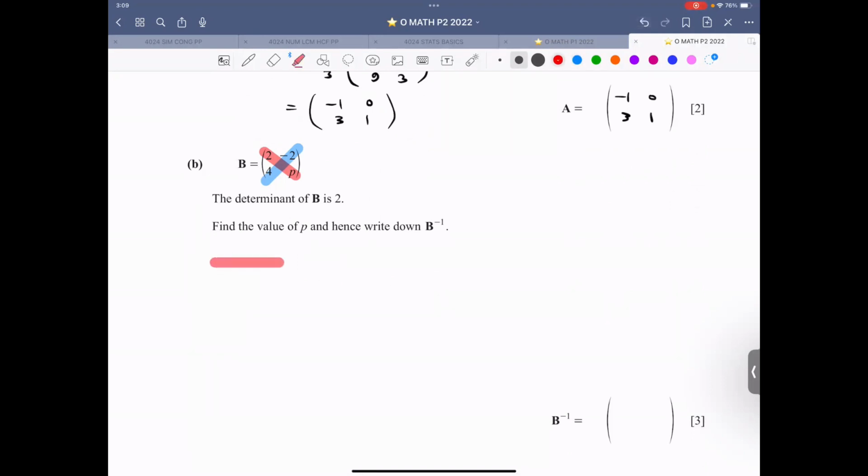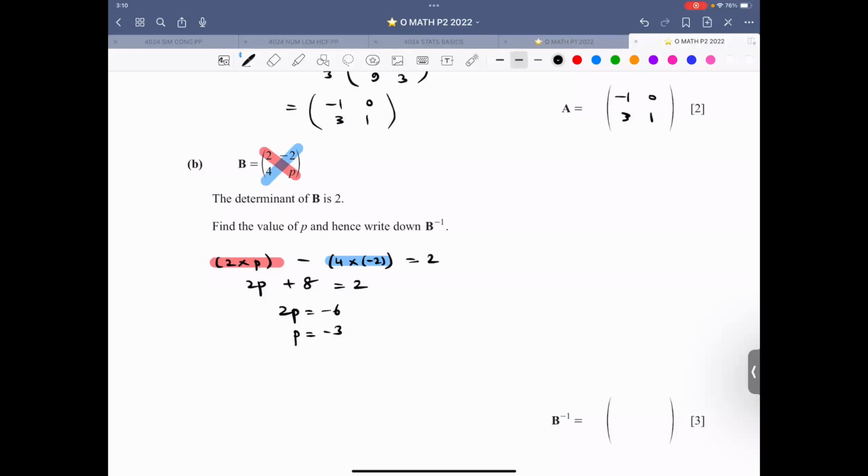So minus sign over here, that is 2 into P, minus 4 into negative 2. That is 2P, and this is plus 8. This equals 2. 2P equals negative 6. P comes out to be negative 3. That is the answer for this part.